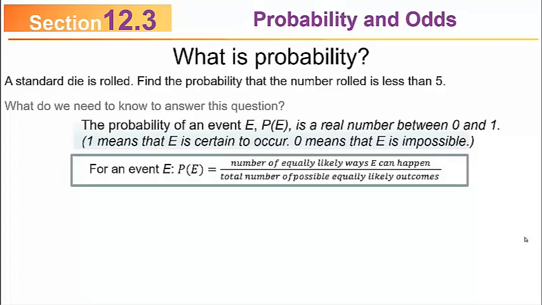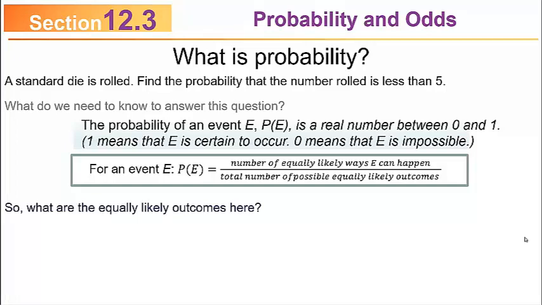So for an event E, the probability of E is the number of equally likely ways E can happen divided by the total number of possible equally likely outcomes. In other words, when you're looking at the probability of something happening, you count the number of ways it can happen and divide by the number of ways anything could happen.